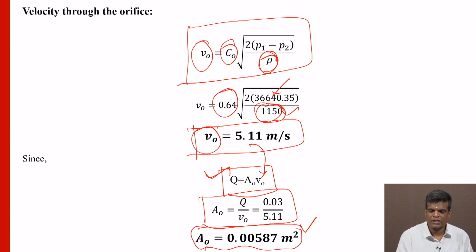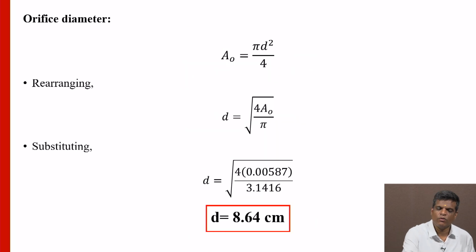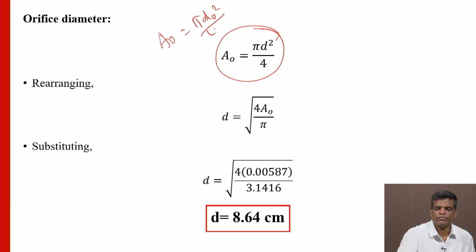Then we know the cross sectional area equation, A naught equal to pi d naught square by 4, where d naught is the orifice diameter. Calculating, we finally get d naught equal to 8.64 centimeter, the orifice diameter that the problem asked.